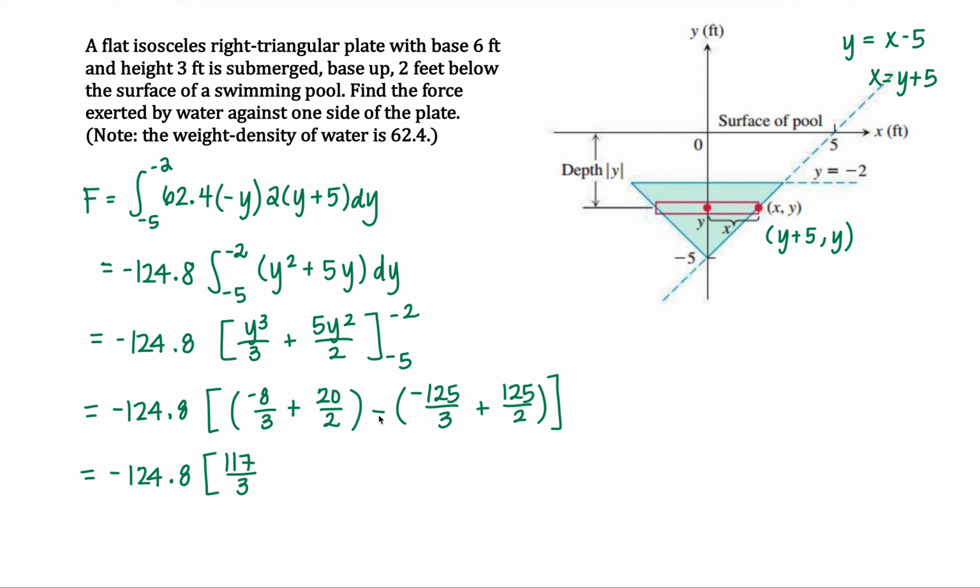Then 20 over 2 minus 125 over 2 is going to be minus 105 over 2. 117 over 3 is just 39. 105 divided by 2 is going to be a minus 52.5. So I'm left with just a negative 13.5 from those parentheses.